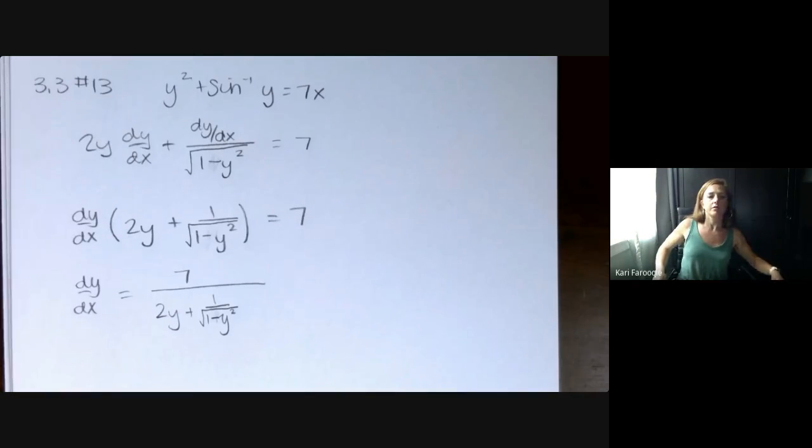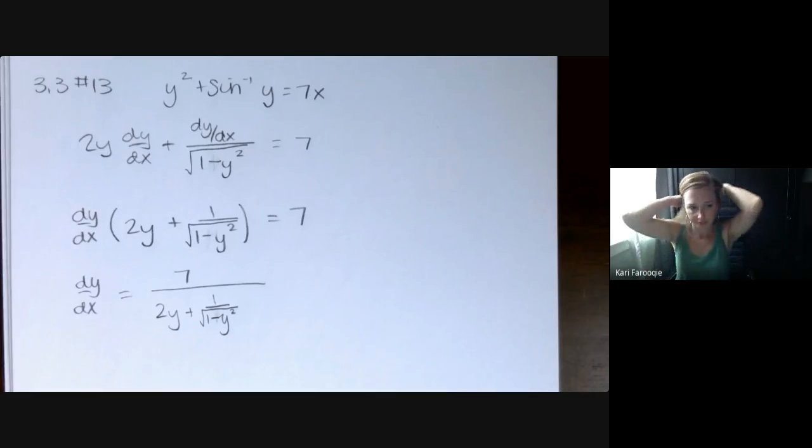Oh, all right. Square root of 1 minus u squared. So if you were sitting there wondering how did she get that, you can always ask. I sometimes do weird things. I am also talking while I'm writing, so sometimes there's something else going on in my head while I'm writing, and it makes a difference.